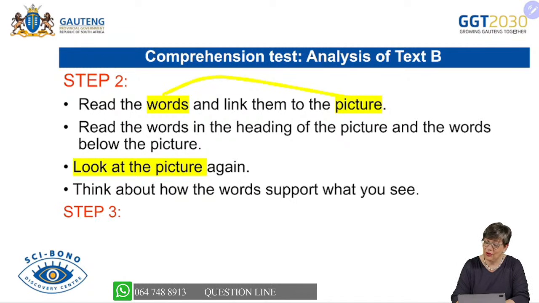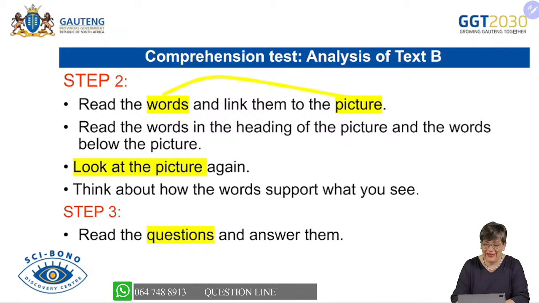And then your third step, now you read the questions. But remember what we said. The same rule applies whether you're doing comprehension, whether you're doing advertisement or cartoon. Find your question word. Then find the keywords. Remember, you have to work with your questions.